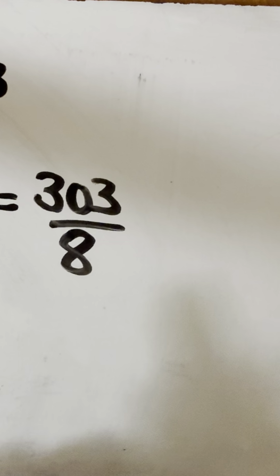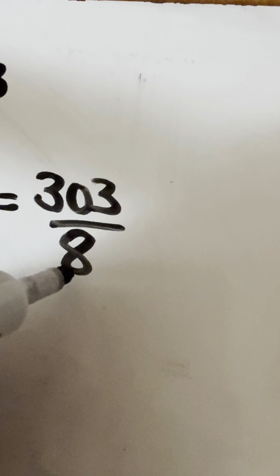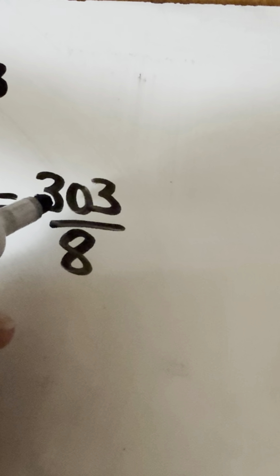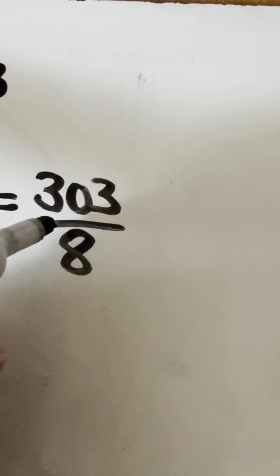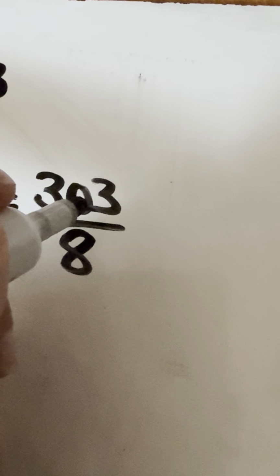Now we're going to see how many times 8 can go into 30. So we saw some possible choices here. We know 8 times 3 is 24. 8 times 4 is going to end up being too high, right? Because that's going to be 32. So 8 goes into 30 a total of 3 times.